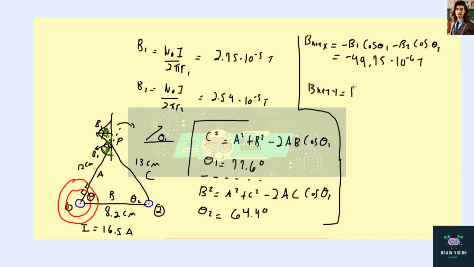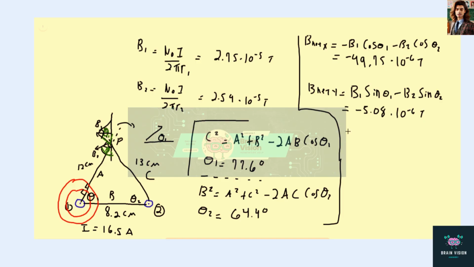So that will be B1 sine of theta 1, and then B2 is in the negative direction, so minus B2 sine of theta 2. And we evaluate that, and we get negative 5.08 times 10 to the minus 6 Teslas.